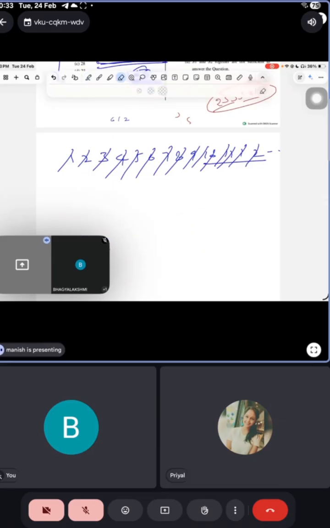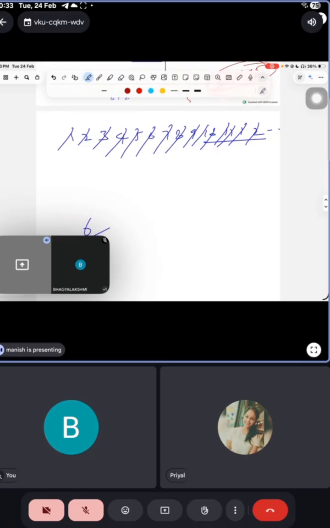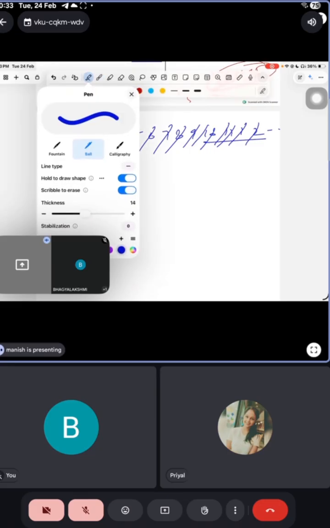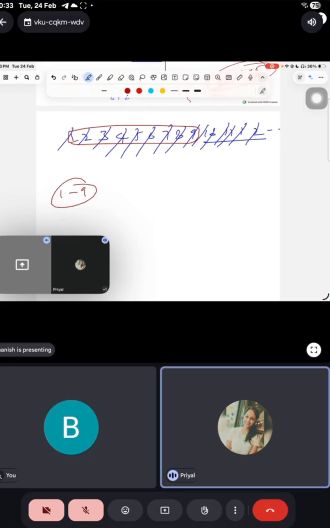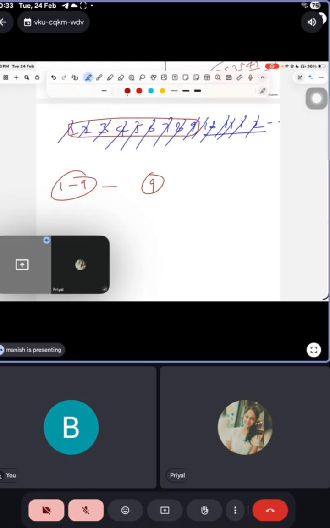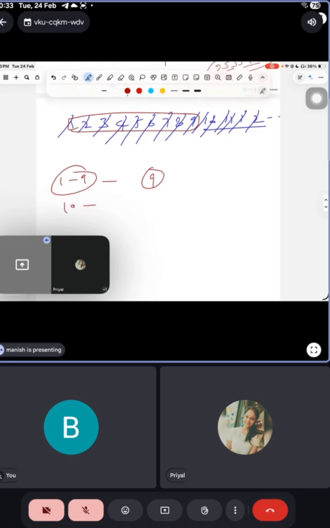Now use your common sense, guys. From 1 to 9, how many digits in total? 9 digits. Good. And in 10, how many digits? 2.